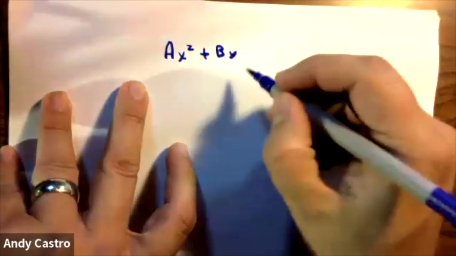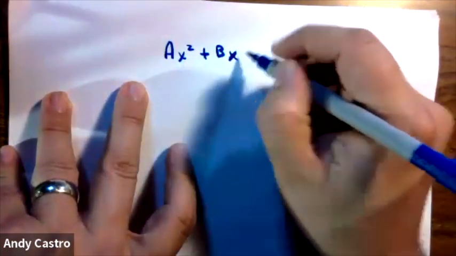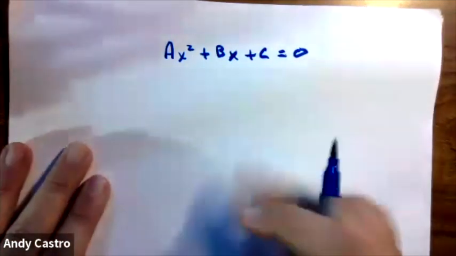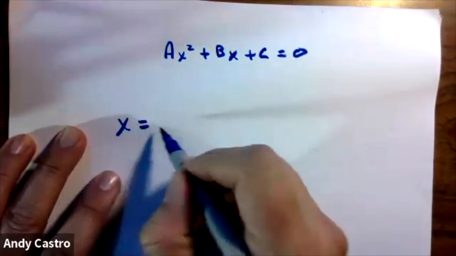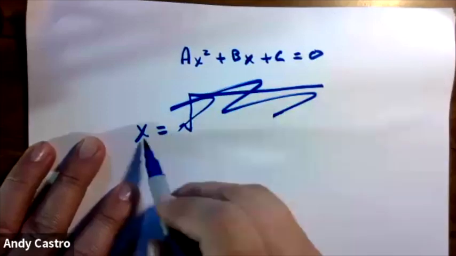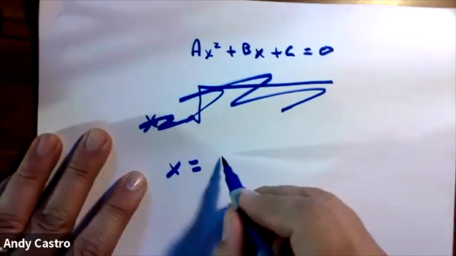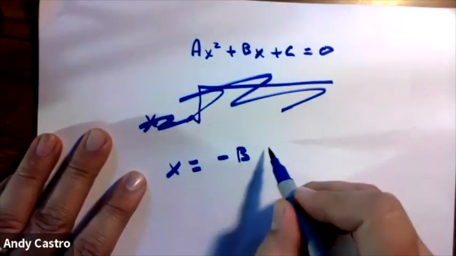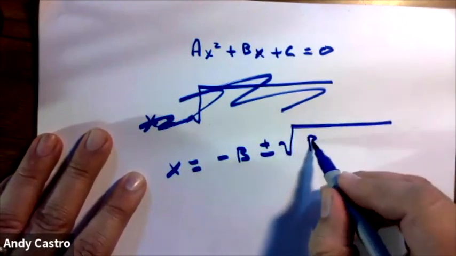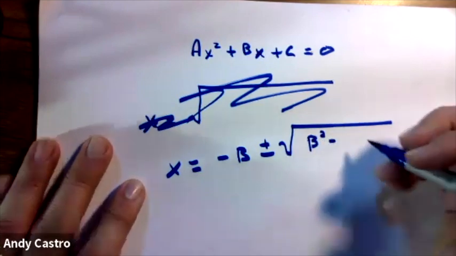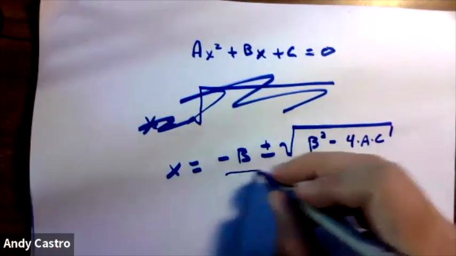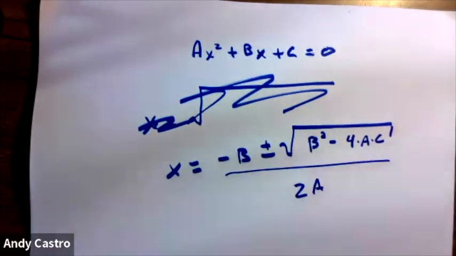ax squared plus bx plus c. Okay. And our quadratic formula, if you remember from last week, when we solve for x is the opposite of b plus or minus the square root of b squared minus 4 times a times c, all over 2a.